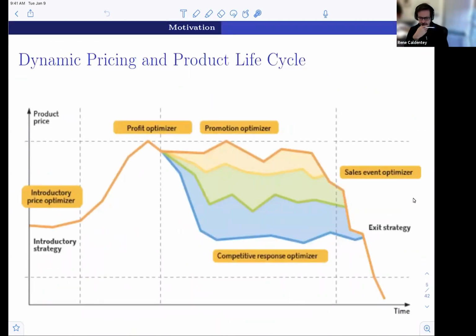Now, when you look at the life cycle of a product, and this chart might not necessarily fit every single product that we can think of, there's a typical path when we look at the price of a product over time, right?